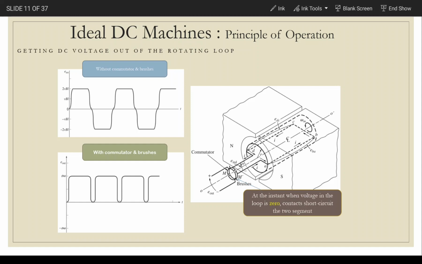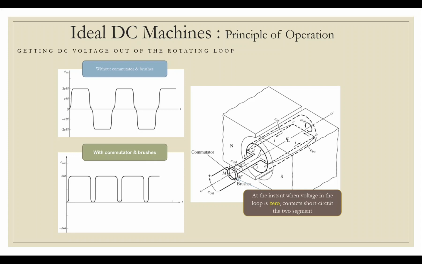In the case of a generator, when you're trying to get a DC voltage out of the rotating loop, you need a commutator. We saw from the previous video how the commutator works. It maintains the flow of current to simply one side. Without commutator and brushes, the polarity changes as it rotates.